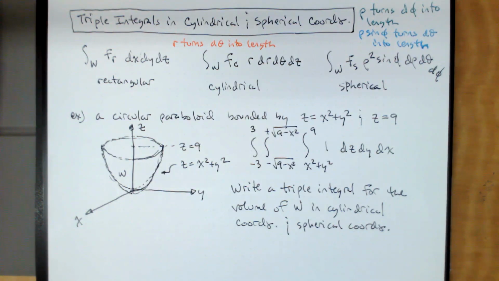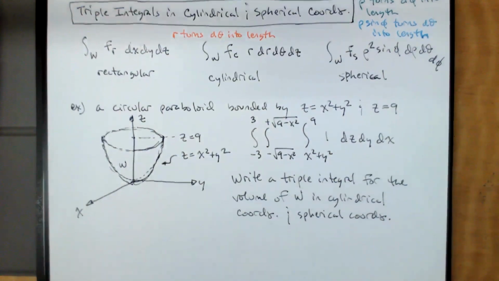So take a few minutes and start with cylindrical coordinates. You have a few options for how you're going to do it. You can choose whatever order you want, dr, d theta, dz, or dz, d theta, dr. But what we're going to have to do is include the r in our dV.